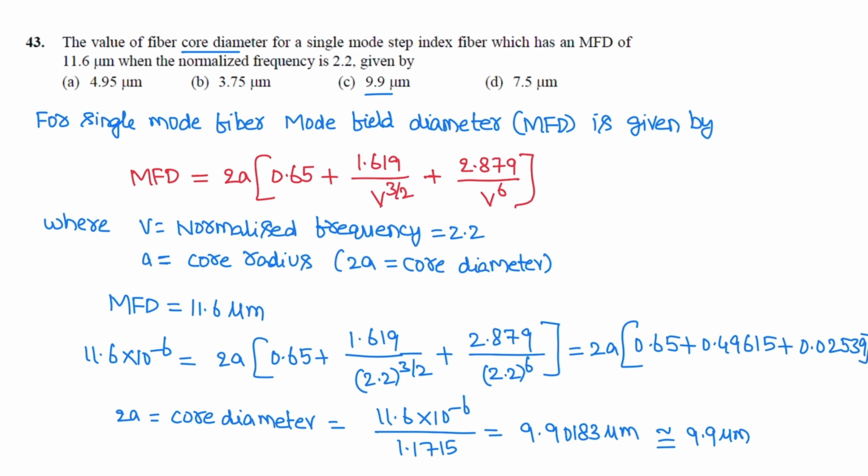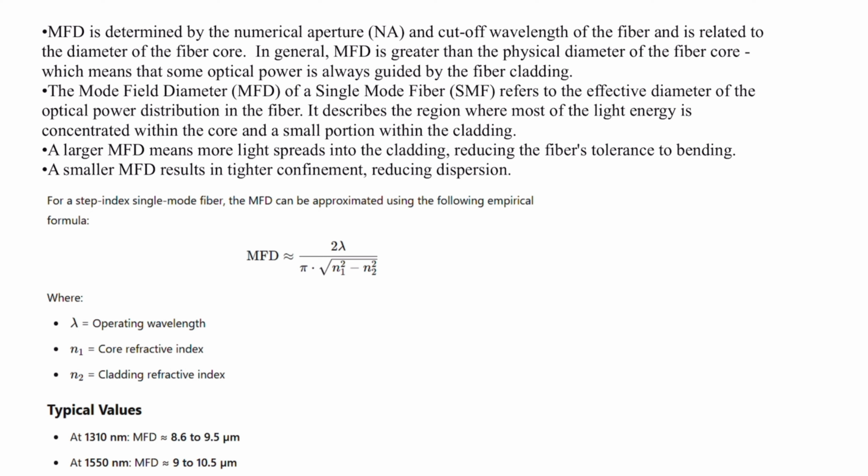So let us see some more points related to mode field diameter. This mode field diameter is determined by the numerical aperture and cutoff wavelength of the fiber and is related to the diameter of fiber core. In general, mode field diameter is greater than the physical diameter of the fiber core, which means that some optical power is always guided by the fiber cladding. The mode field diameter of single mode fiber refers to the effective diameter of the optical distribution in the fiber.